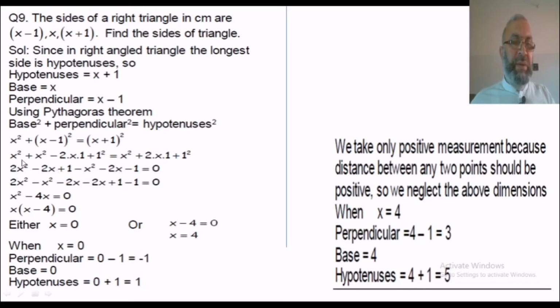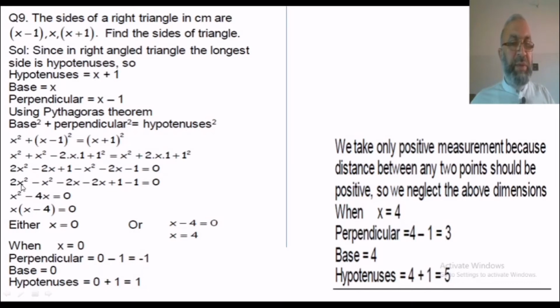And transferring this to the left hand side, that becomes minus x square, 2x becomes minus 2x and plus 1 becomes minus 1 equal to 0.